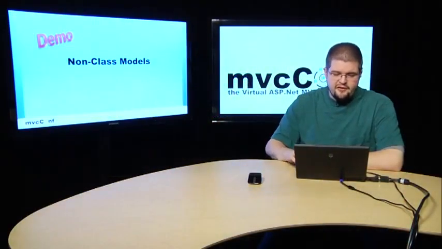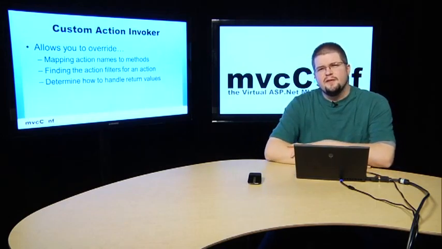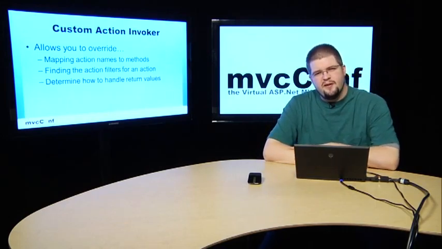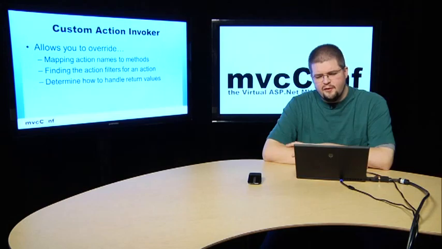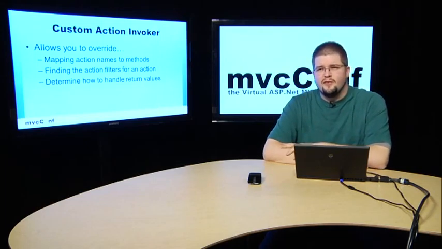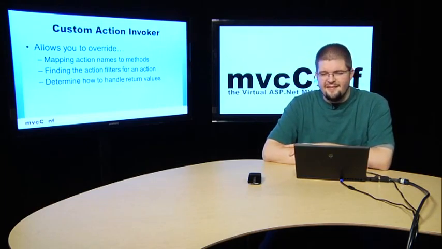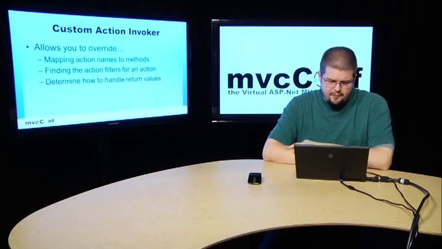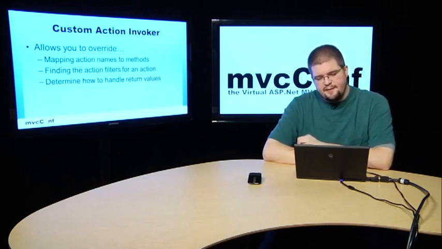So my next presentation is Custom Action Invoker. This is an extensibility point that's been in MVC since MVC 1.0, I believe. And it's one that most people don't know about, although Javier, who is 2 rooms over, knows a lot about it because MVC Turbine, the project that he works on, uses action invokers. So a custom action invoker allows you to override several different things in the system.